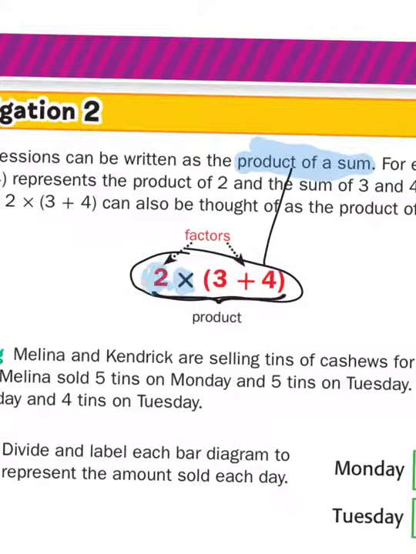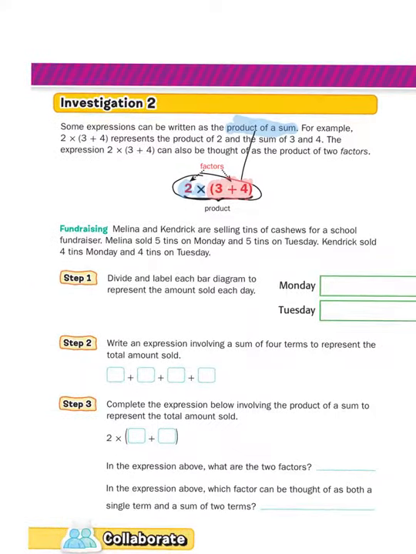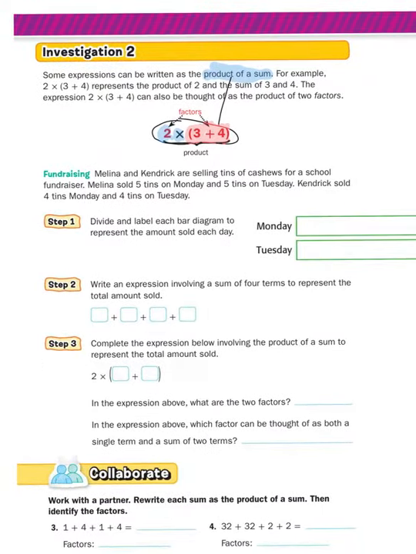It's a product of the 2 and it's a product of the 3 plus 4. Now, since one of these things is actually a sum, see how the 3 plus 4 is a sum? It's called the product of a sum. All right. Don't know if that makes sense, but just know a problem that looks like that is called the product of a sum. Now we're going to go through the investigation here.